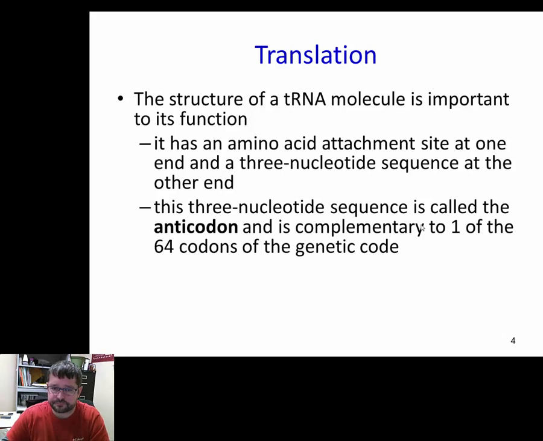All right, so like I said before, there are 64 codons, and therefore there are basically 64 anticodons. There's actually fewer anticodons than there are codons, but that really has to do with some transfer RNA being able to utilize different codons with the same anticodon.